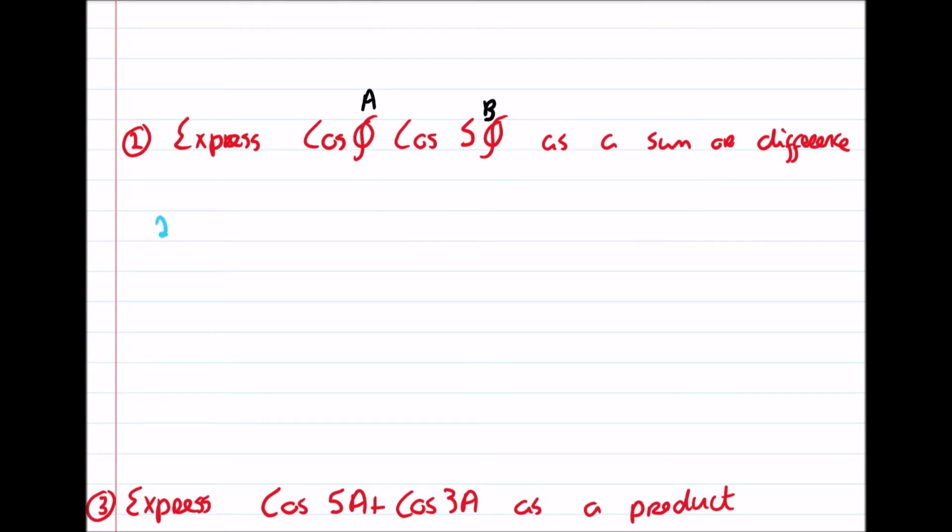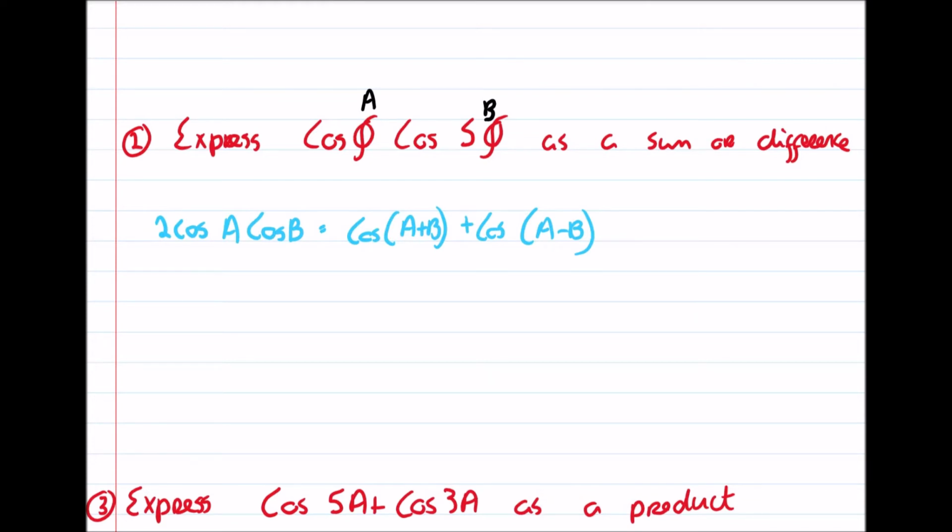Cos formula is 2 cos A cos B equals cos A plus B plus cos A minus B. Alright.